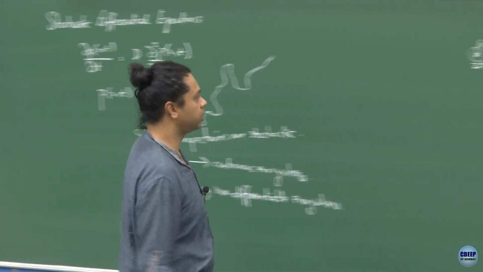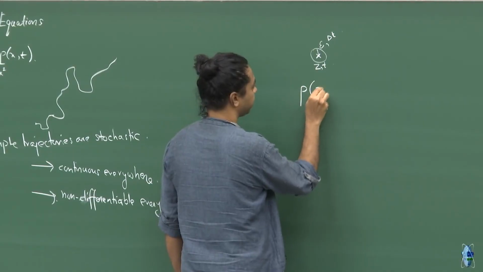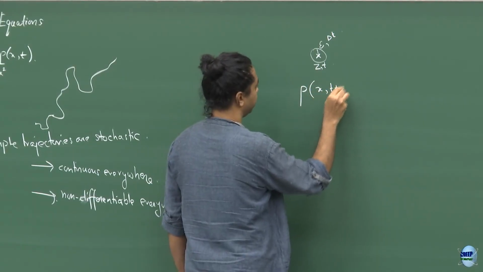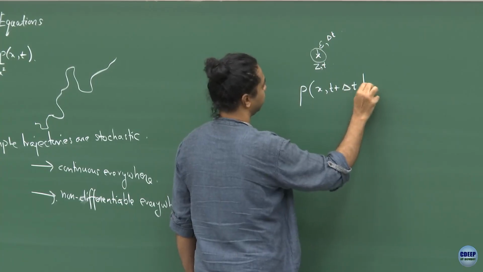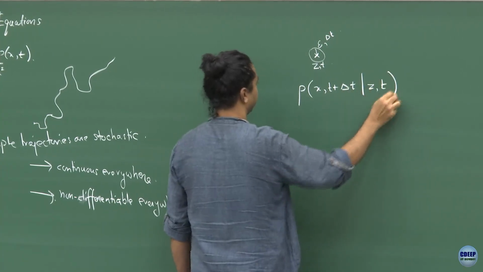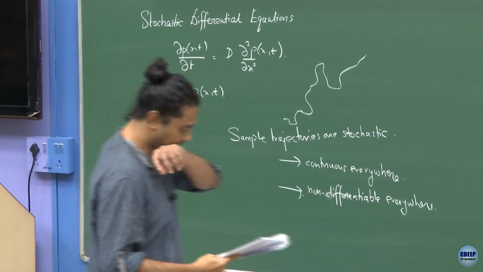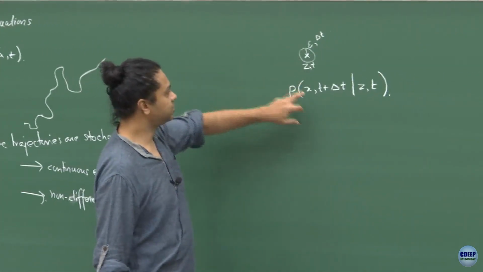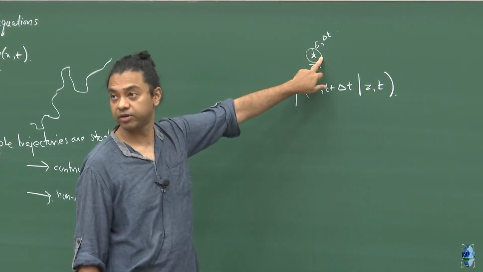So, essentially what I want to find is this probability: what is p of x comma t plus delta t, given that it was at some location z at some time t. Okay. And I want this probability of escape, which means that I want my x to be outside this radius, right.